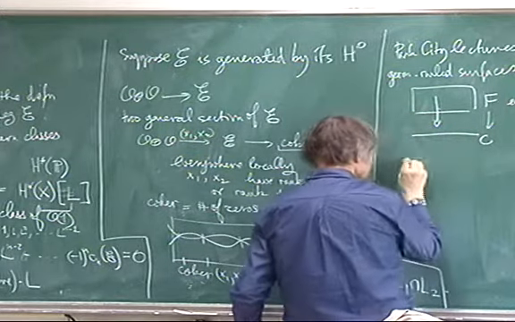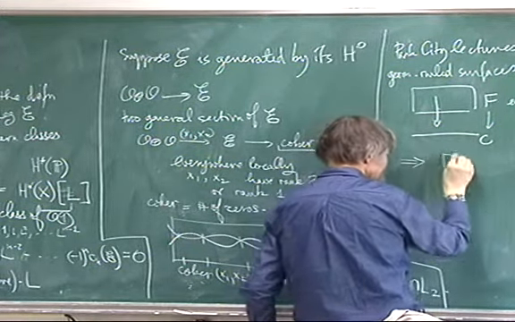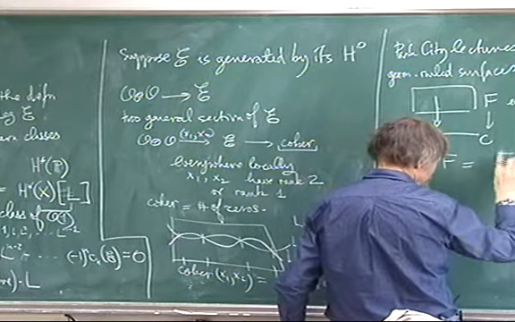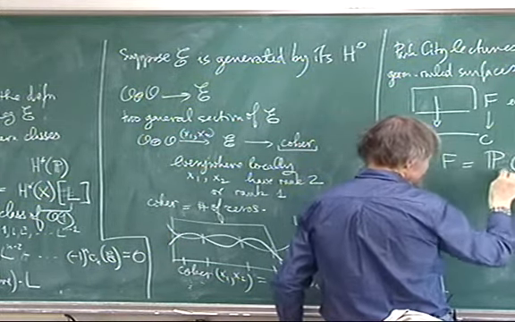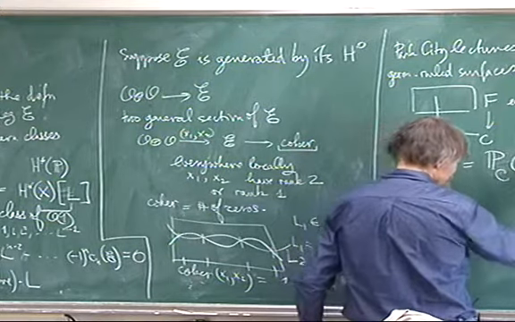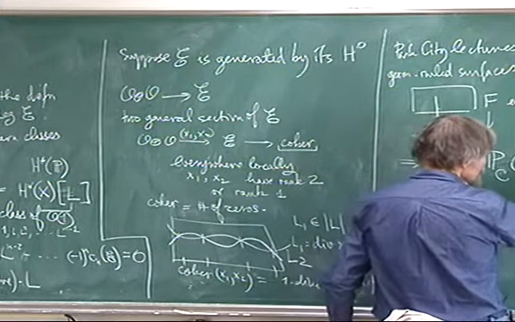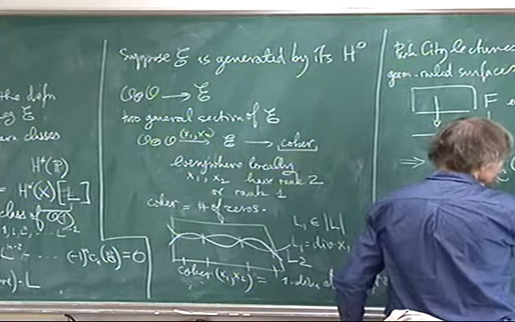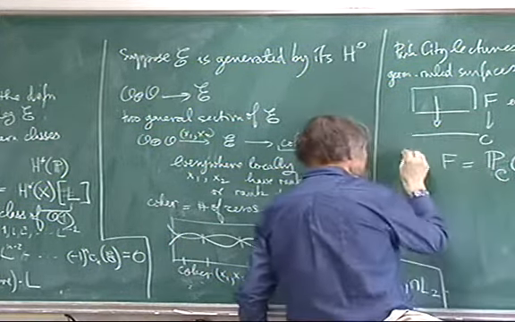Right, then this implies that F is of the form P_C of E for a suitable vector bundle. Right, so this is called Tsen's theorem.